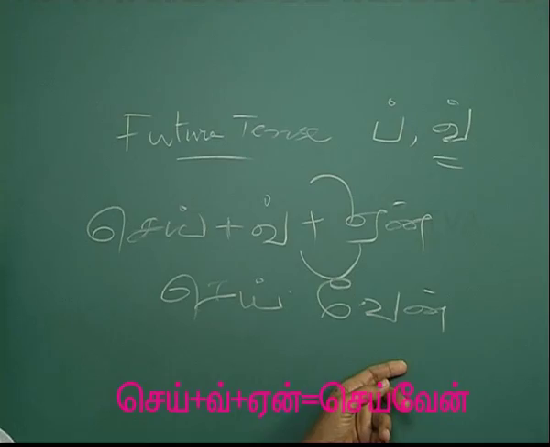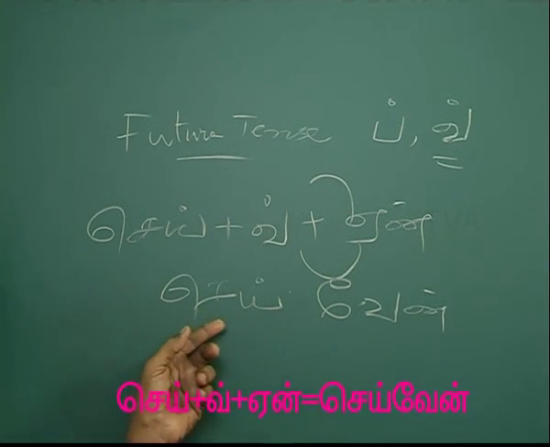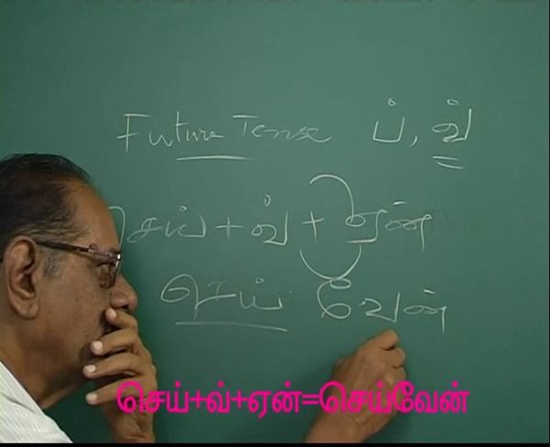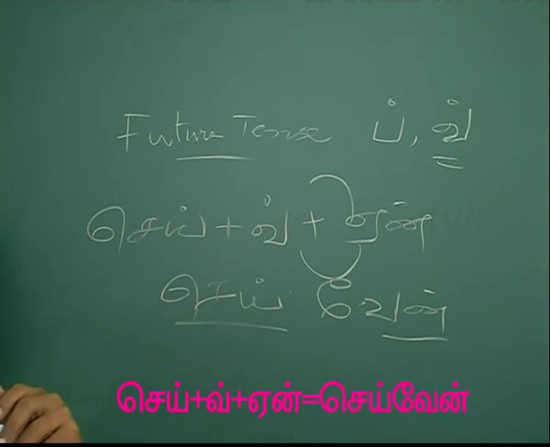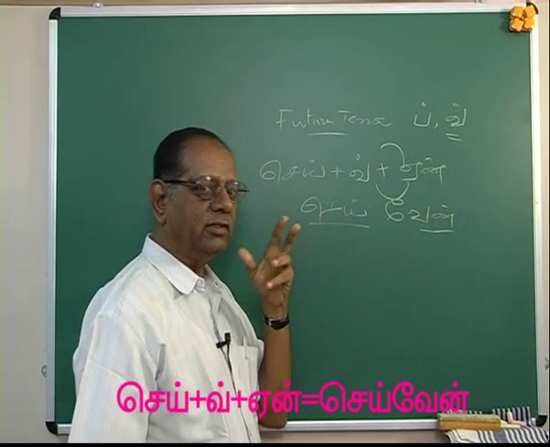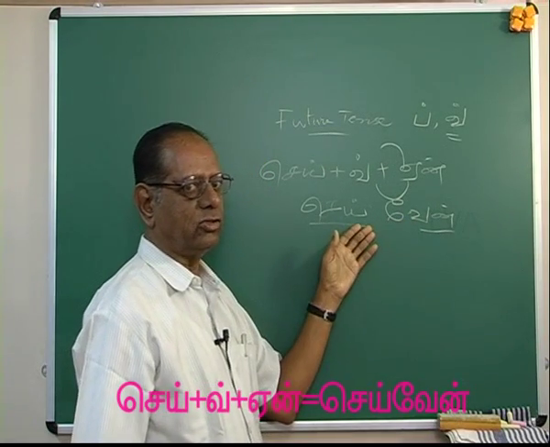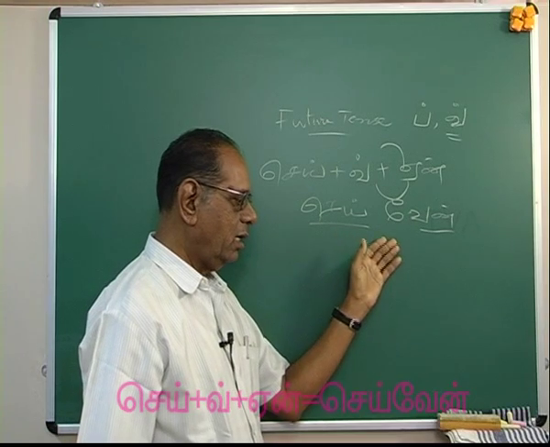Sheiven, future tense. This part indicates the action. The last part, the person of the subject, and the central part, the tense. Sheiven, I shall do.